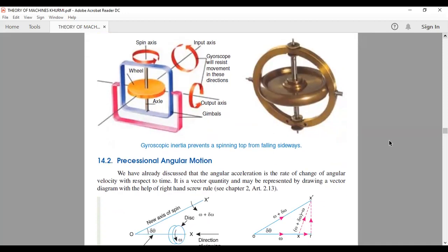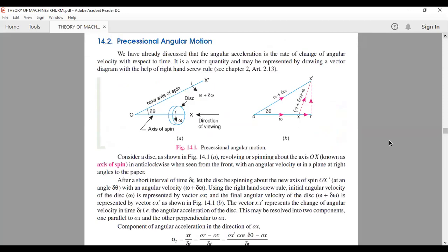Next, we have studied the precessional angular motion. So OX is the axis of spin here, that is the original axis. When the disc is rotating in the anti-clockwise direction, seen from the front, it changes its axis by an angle of delta theta.